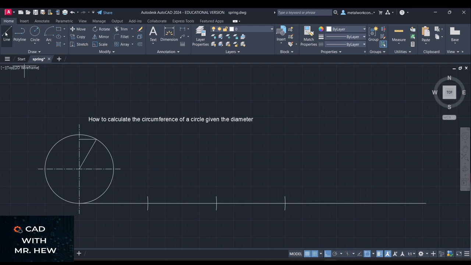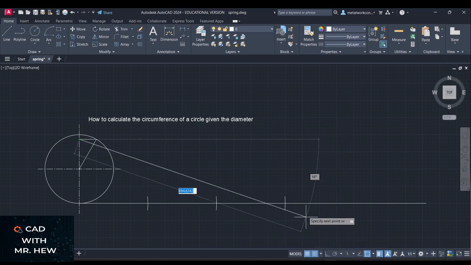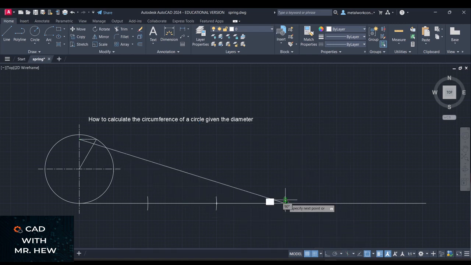The next step is to join from there, that previous line that we drew, to the third distance, and this distance will be the given circumference for the circle.